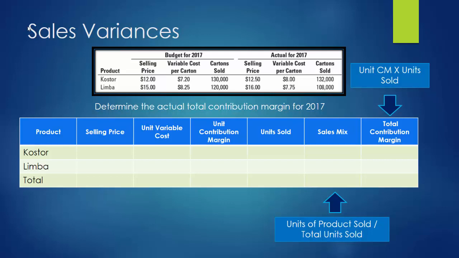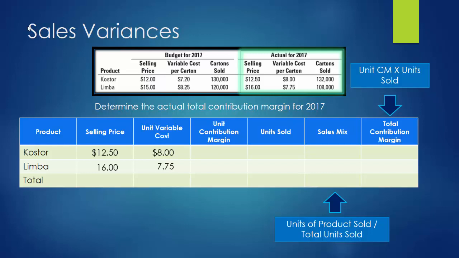Now let's determine our actual contribution margin for 2017. We actually sold our Costor line for $12.50 per carton. We sold Limbas for $16 per carton. Our unit variable cost for Costor was actually $8 a carton. It cost us $8 to produce each one of these cartons. For the Limba, it was $7.75.